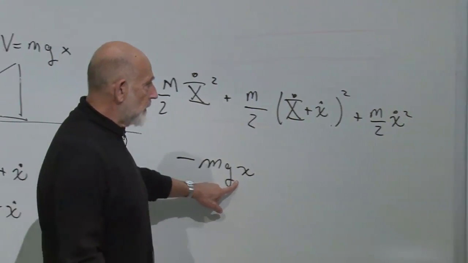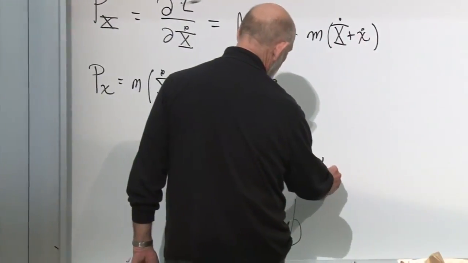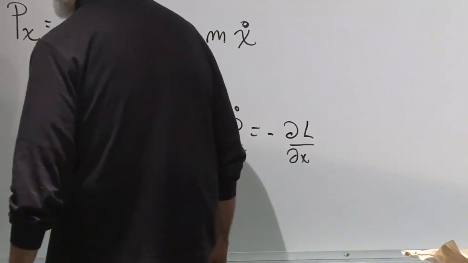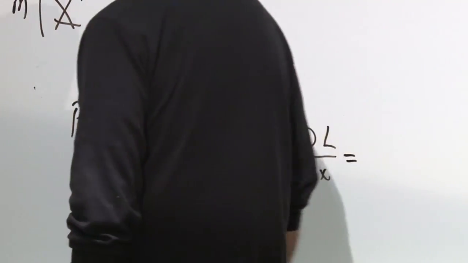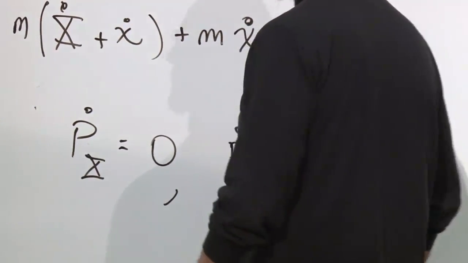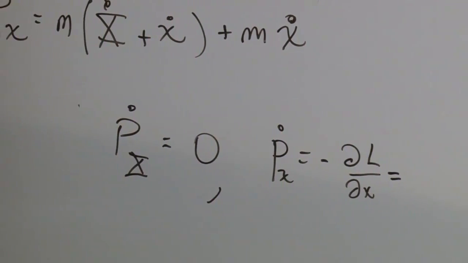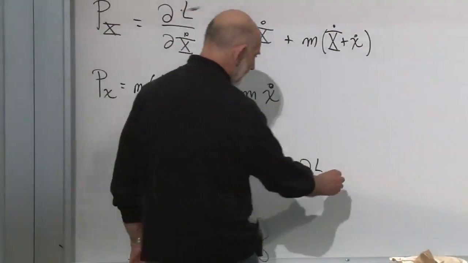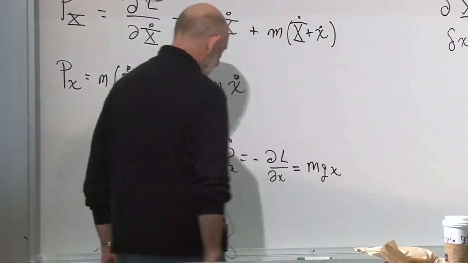Okay, so that's equal to minus the derivative of the Lagrangian with respect to little x, which I believe is mg. No x, right?